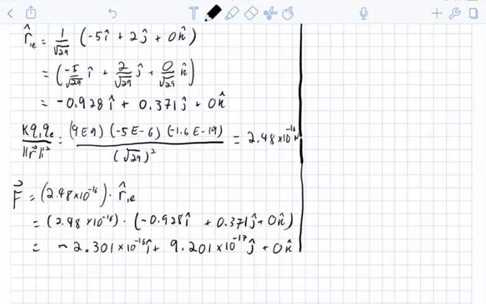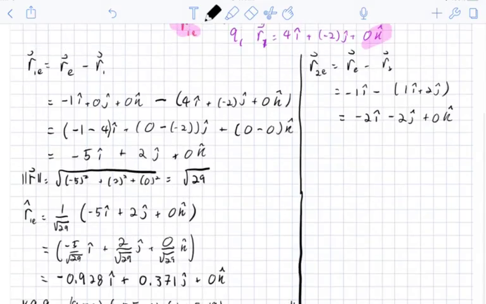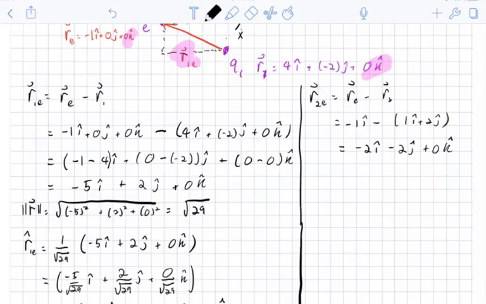Let's repeat it for this second one. So the magnitude of R2e is going to be square root of 2 squared plus minus 2 all squared plus 0. So it's going to be the square root of 8.